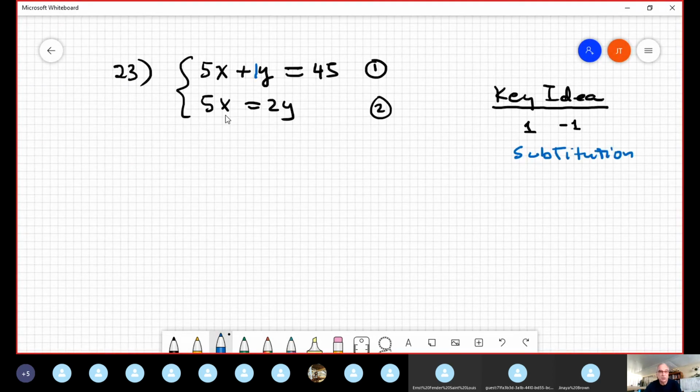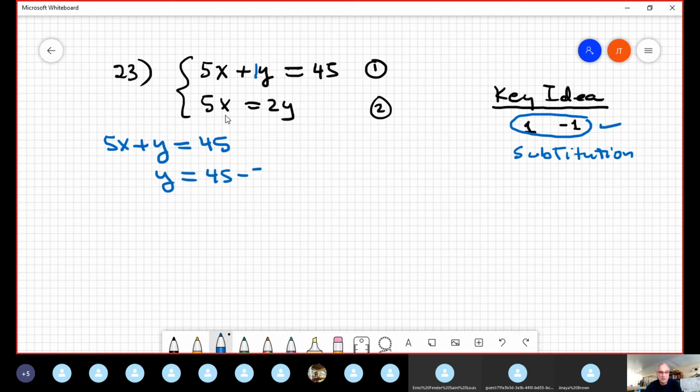Okay, let's do it. I copy again one more time equation 1. So you detect if in one equation we have coefficient 1 or negative 1. When you detect this, you immediately isolate this variable. So y equals 45 minus 5x.